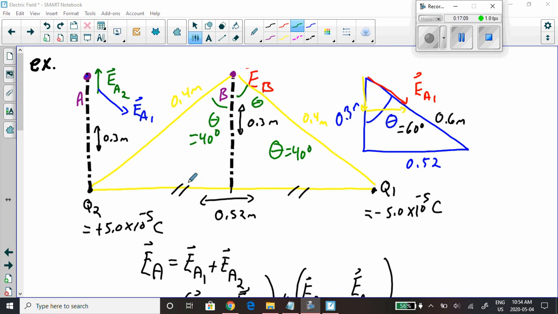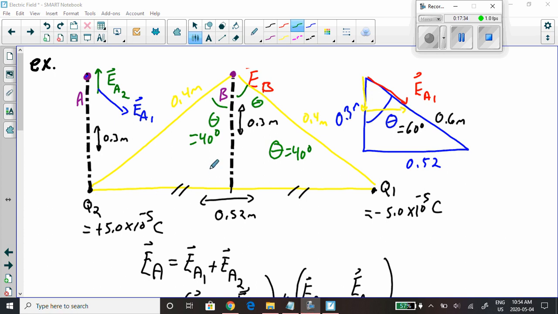So each side would be 0.26 meters over here and 0.26 meters over here. So through Pythagoras, if I got 0.3 meters here, 0.26 meters there, I can find the hypotenuse. And the hypotenuse would be 0.4 meters on this side and 0.4 meters on that side.